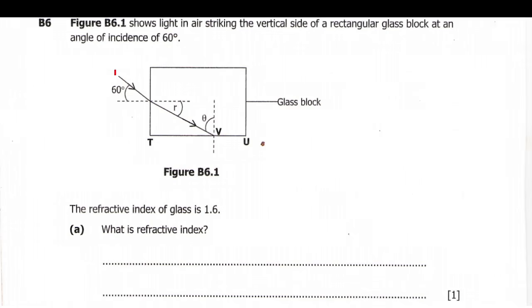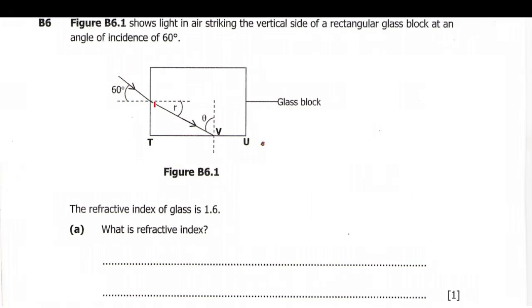So this is a light striking at an angle of 60 degrees. This is the normal. So the angle between the normal and the incident ray is 60 degrees, which is the incident angle.